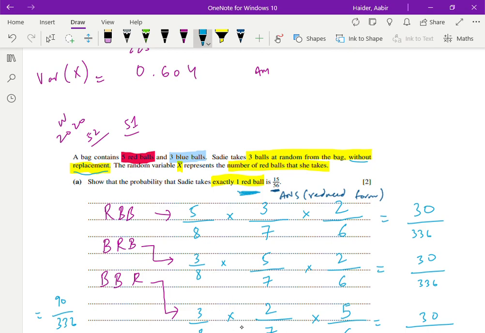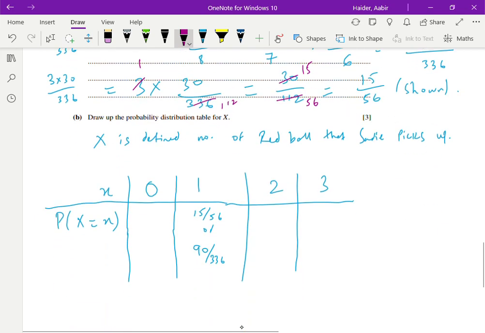And the experiment ends here because you have been asked to find the number of red balls that she picks up, and she picks up only 3 balls. So 3 is the maximum value of X, and 0 is the minimum value of X, and these 4, 0, 1, 2, and 3, are the only distinct possible values of the random variable X.